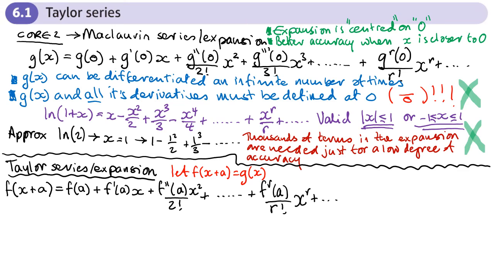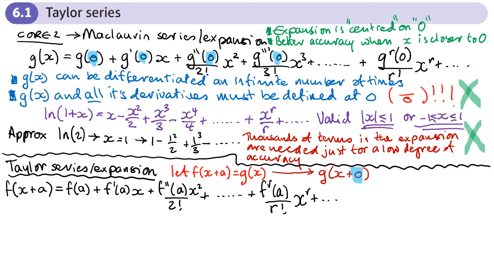So we can do this because you can almost think of the function g of x as g of x plus 0. And the 0 was what we had here. So instead of g of x plus 0, it's basically f of x plus a. So all the zeros now become a's.